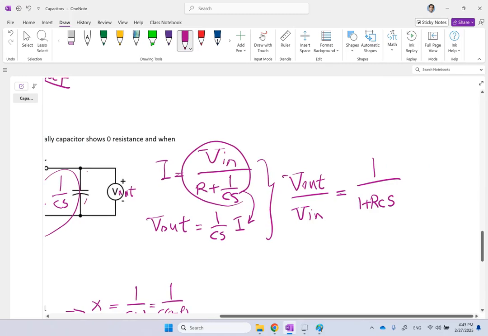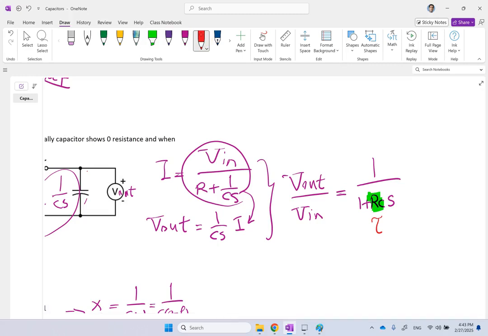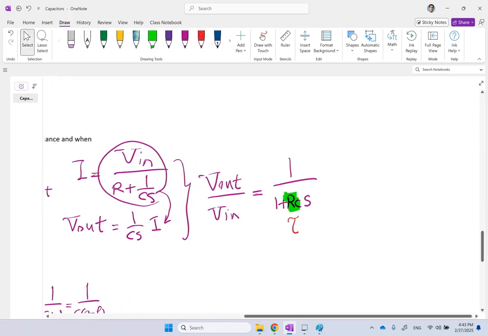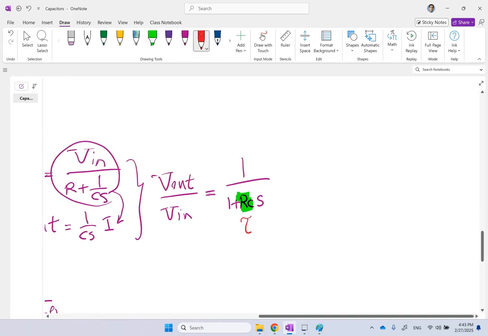So this is your transfer function in the Laplace domain, and remember that we call this R times C the time constant. If it's 1 plus tau times S, then you can find the solution here. Assume that this V in is just a constant number like V max.